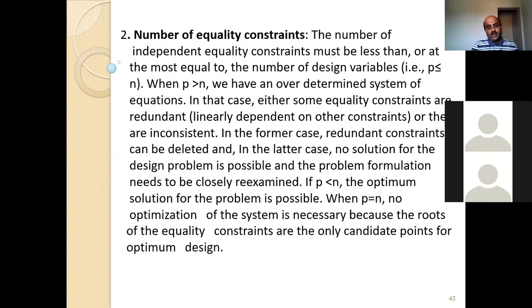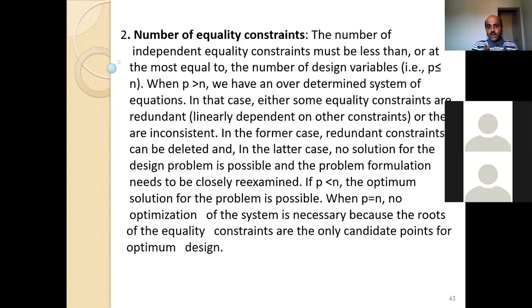So when the number of equality constraints is equal to the number of design variables, no optimization is required, and roots of the equality constraints are the only candidate points for the optimum. So this is a very important point while you are formulating the standard optimization design problems.